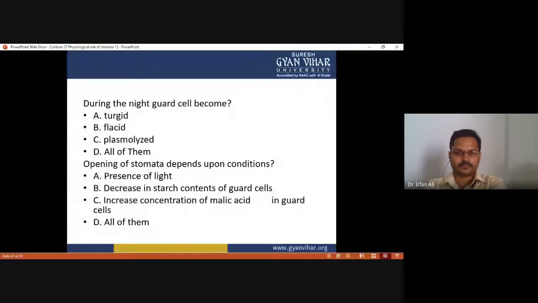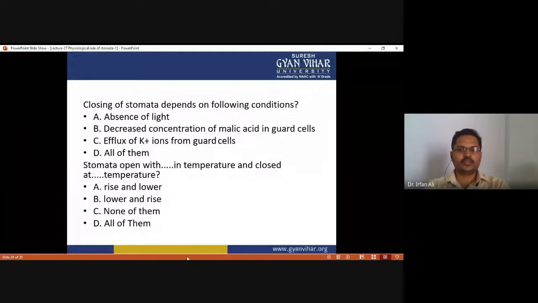Okay, and closing of stomata depends on the following conditions: first, absence of light; second, decreased concentration of malic acid; third, efflux of potassium ion from the guard cell. So Vijeta, which of the following is the right answer? Yes, sir.